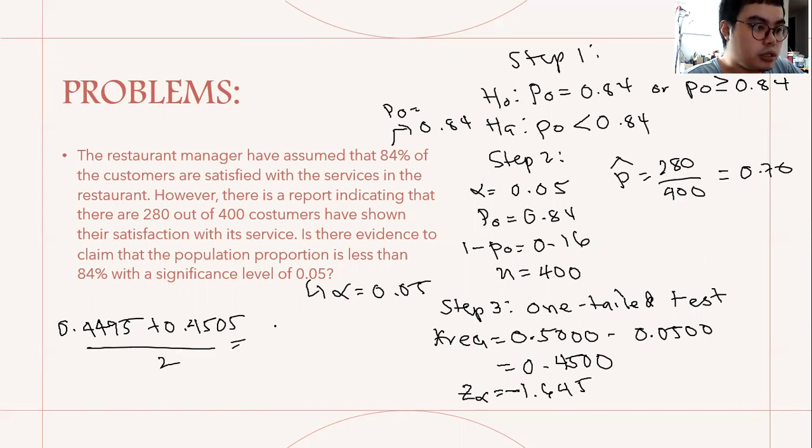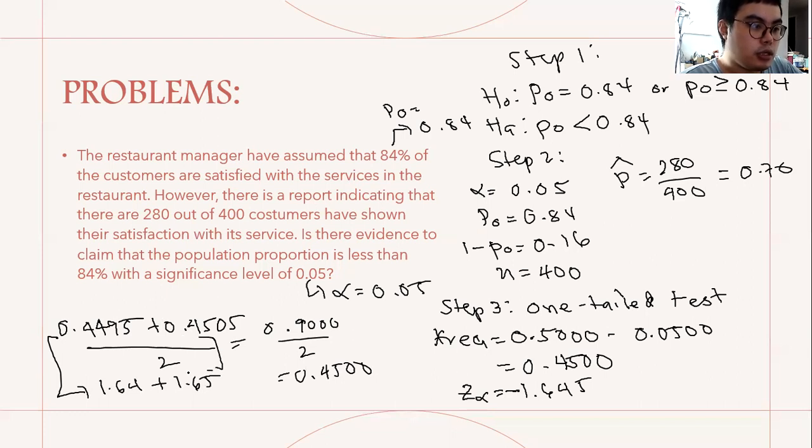The sum 0.9000 divided by 2 will be 0.45. Corresponding to these areas, it will become 1.64 plus 1.65 divided by 2, which is 1.645. So this is the midpoint between 1.64 and 1.65. That's why our critical value is negative 1.645. Why negative? Because it is a left tail test.